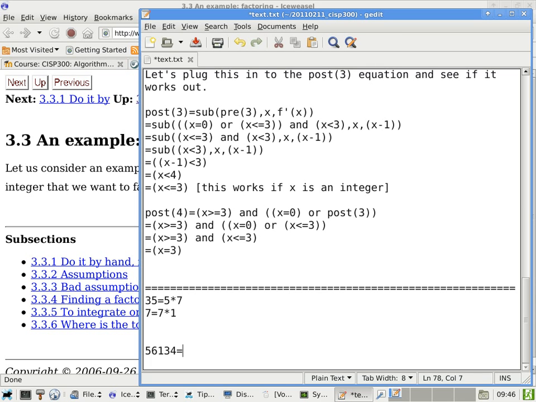So this is going to be 28067. I'll put the prime factor 2 first, and then the second half is 28067, and can we factor that number? First we check for 2. We know that there are no 2s, no 5s for sure.